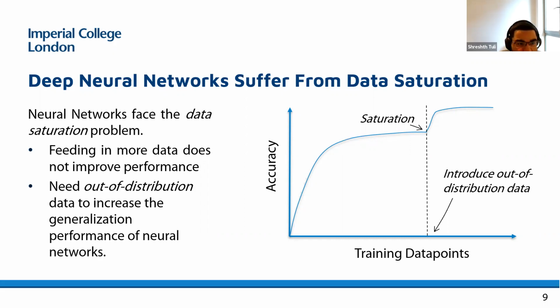So this graph shows the performance, in terms of the accuracy, of a deep neural network in predicting quality of service metrics of a fog environment. And this accuracy saturates as we continue to increase the amount of data that we give for the same fog setup or the same fog configuration.